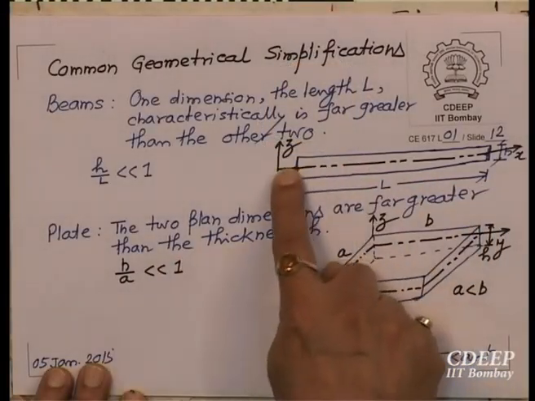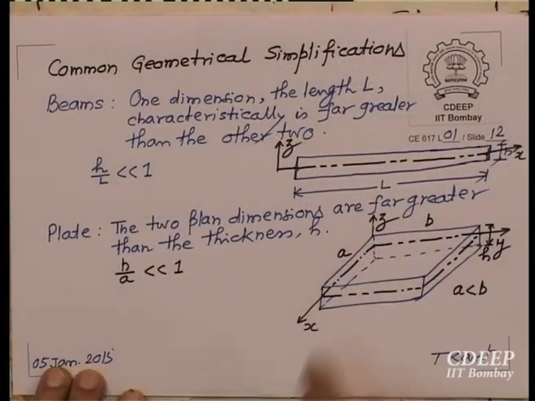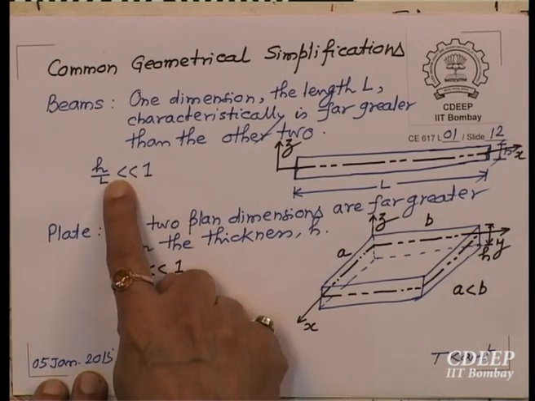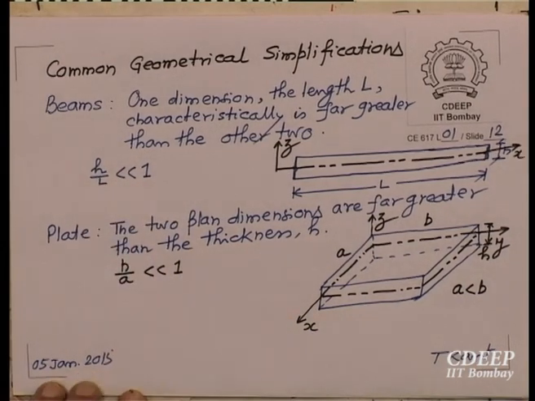For example, in a beam, what is a thin beam? When thickness divided by length of the beam can be taken as small, because we will make some assumptions because of this, if it is thin. So, then we call it thin.